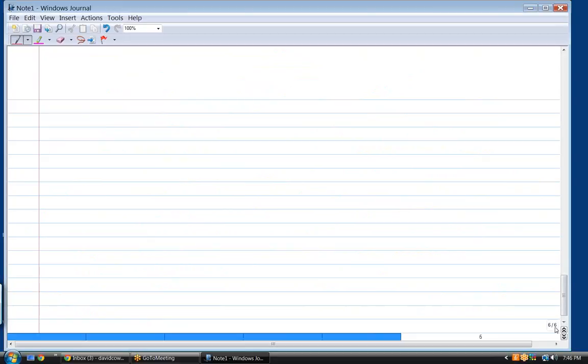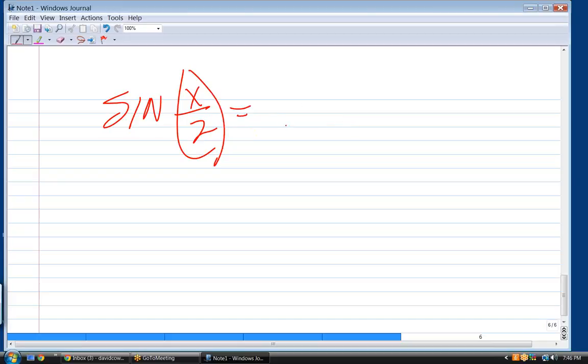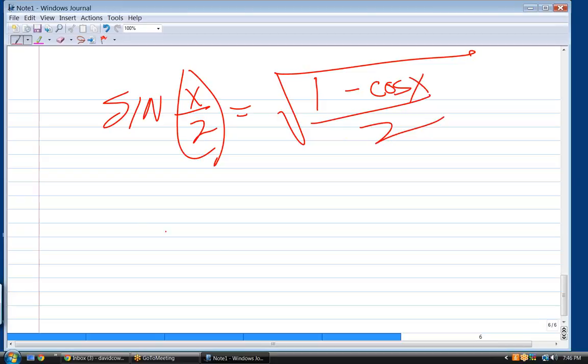What's another one after that? The half identities. Half angle, okay. These are square root of 1, I think it's minus cosine of x, all divided by 2.